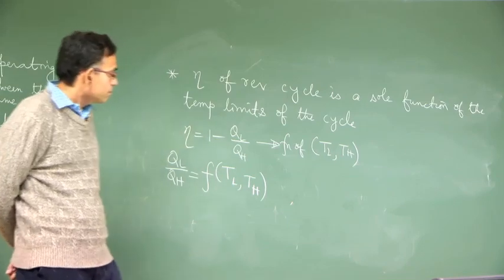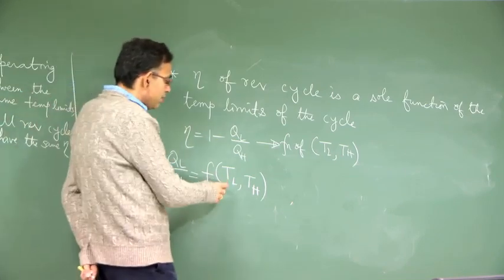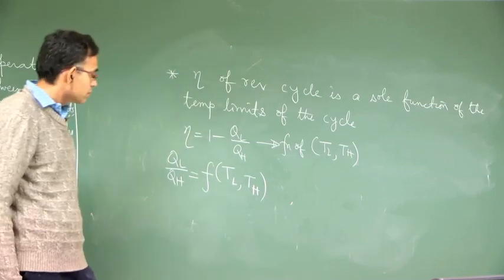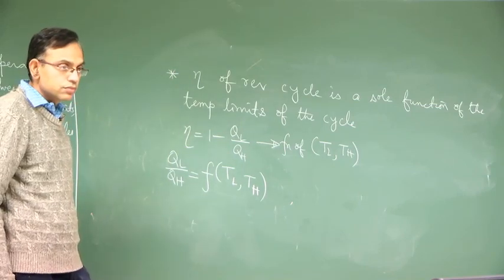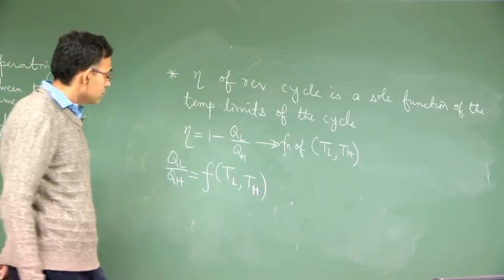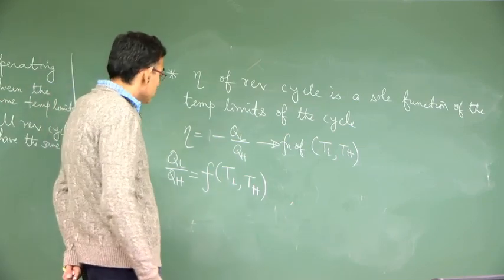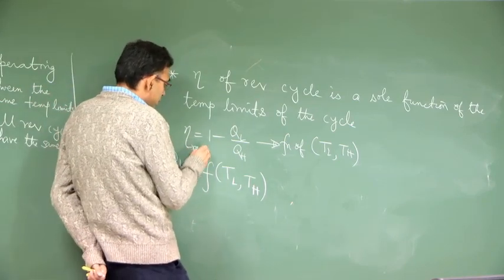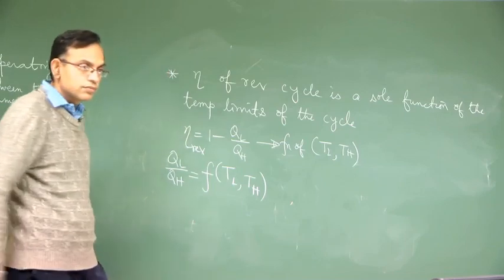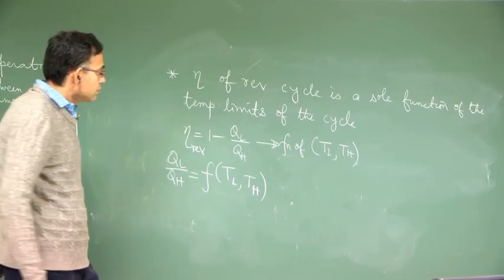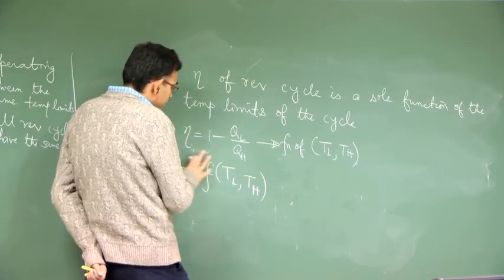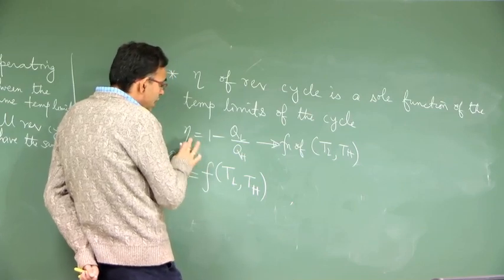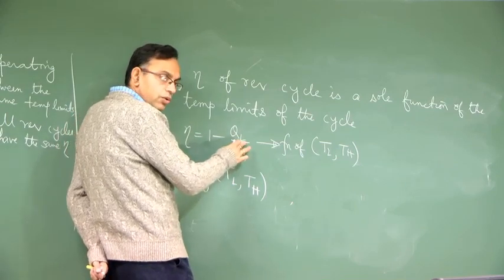Okay. What is this typical functional form? It's better to put a subscript reversible with that eta. This is eta reversible, right. So, eta is equal to 1 minus QL by QH.